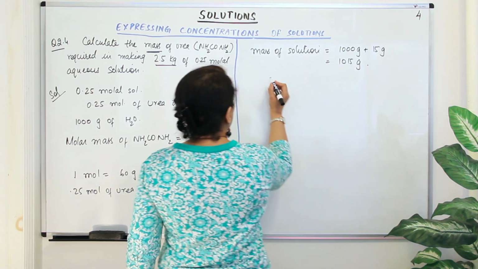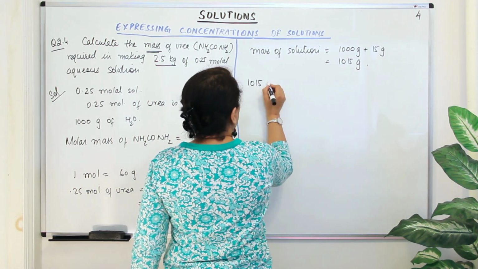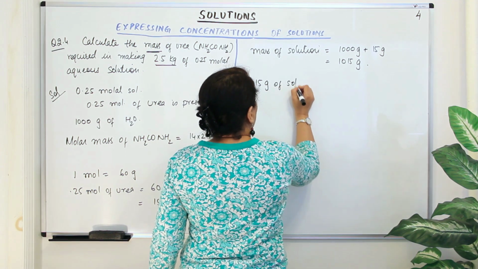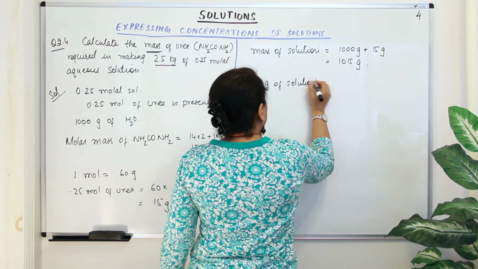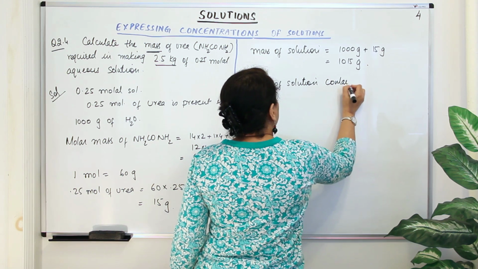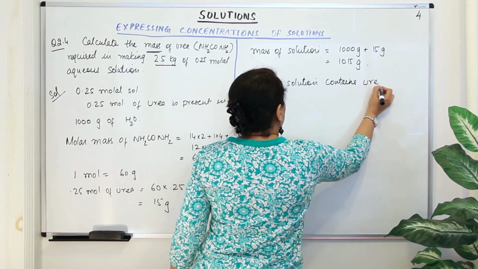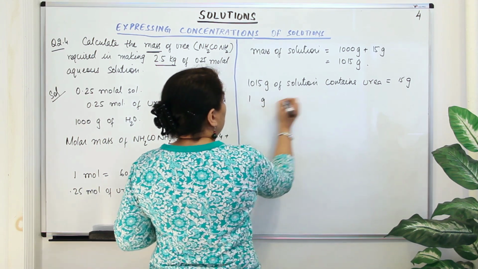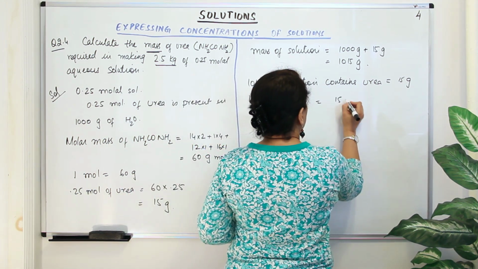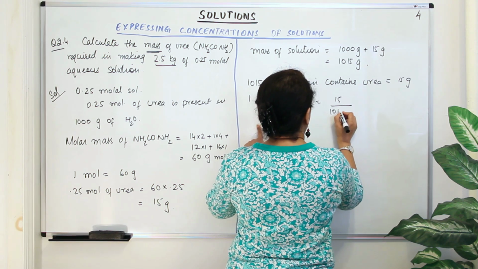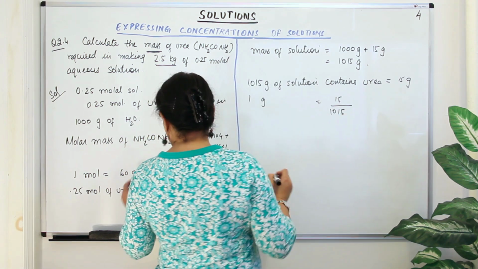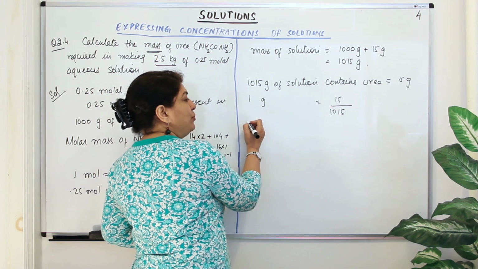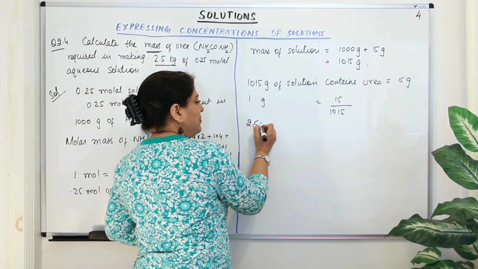By unitary method, 1015 grams of solution contains urea equal to 15 grams, right? So 1 gram of solution will contain 15 upon 1015. And how many grams do we have? 2.5 kg becomes 2500 grams.